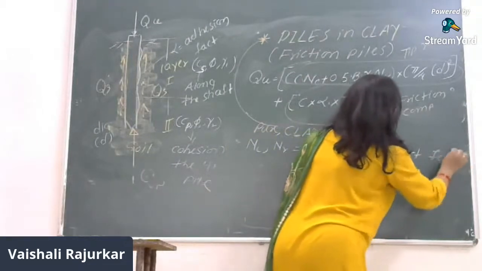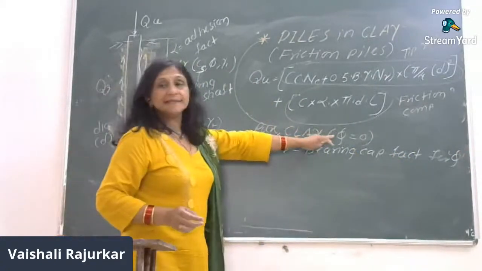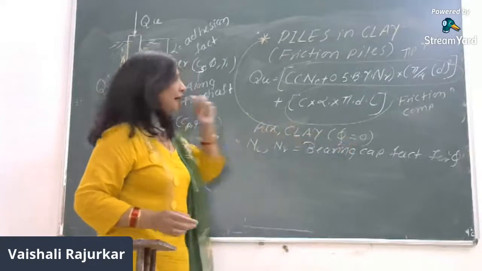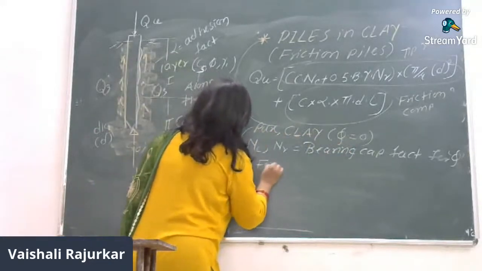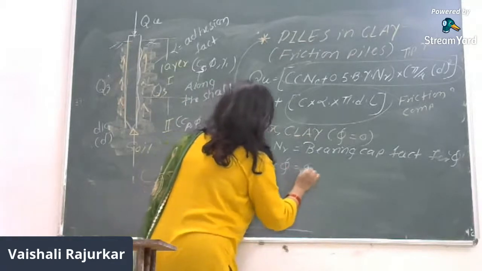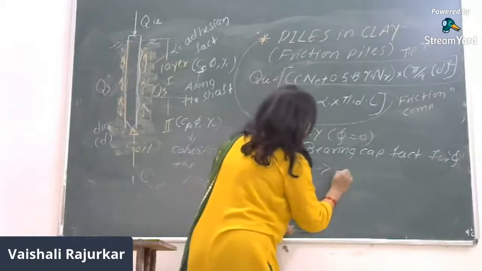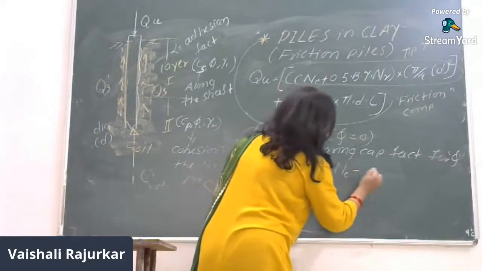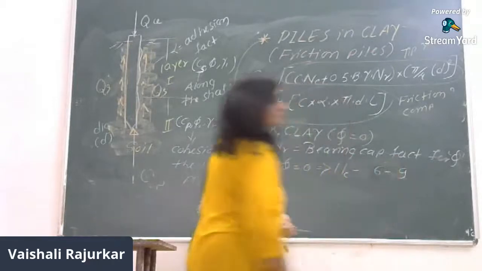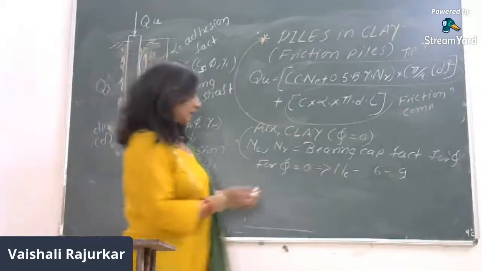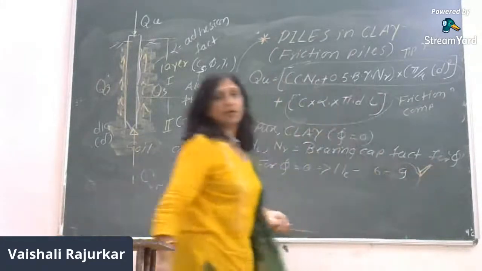For phi equal to 0, NC varies between 6 to 9, and we are just assuming 9 as the value for the load.